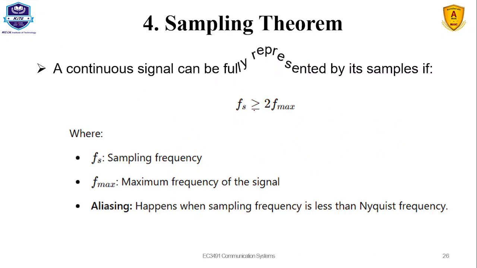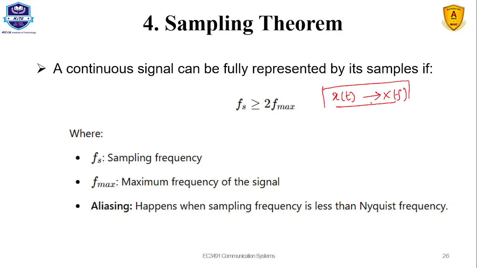Convolution, as I said, for continuous time it is an integral, for discrete time it is summation, right? Now talking about sampling. Sampling plays a major role when we are talking about a communication system. After the conversion factor, x of t signal is converted to x of f. So why is this very important?